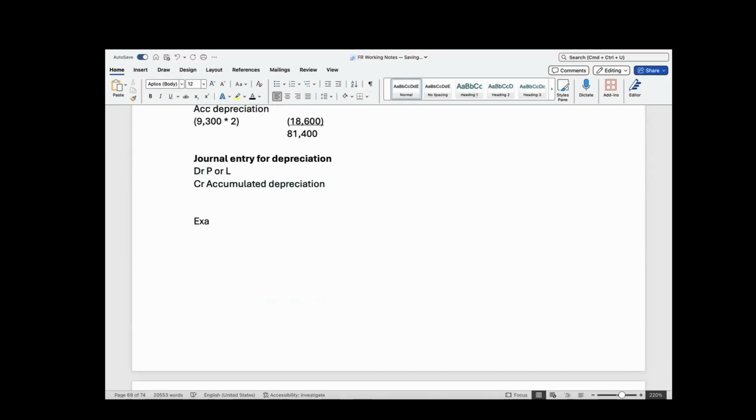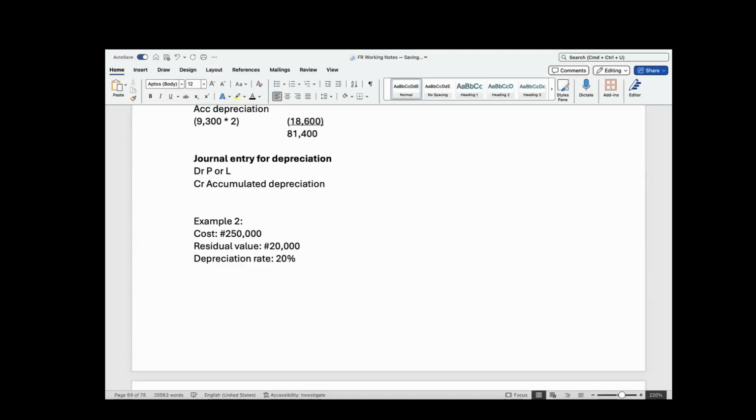So if you have another example where you were given the cost of an asset as 250,000, the residual value of the asset as 20,000, and a depreciation rate of 20%.